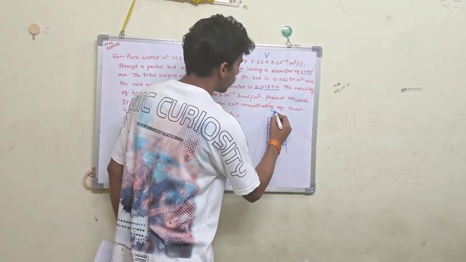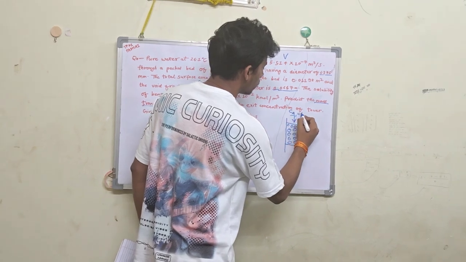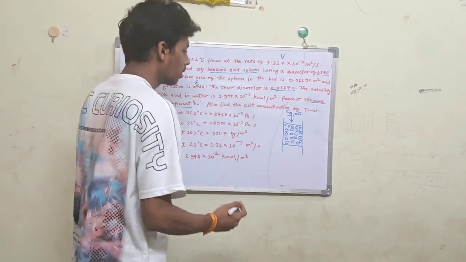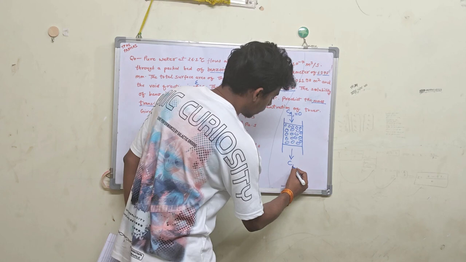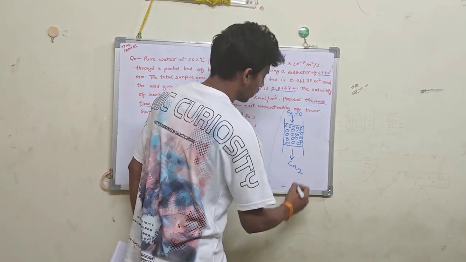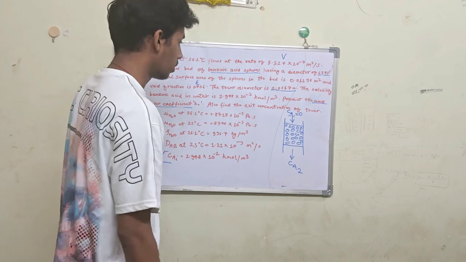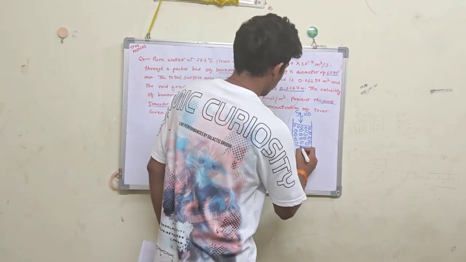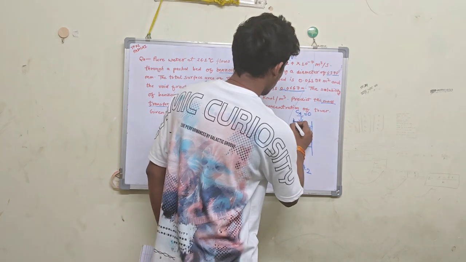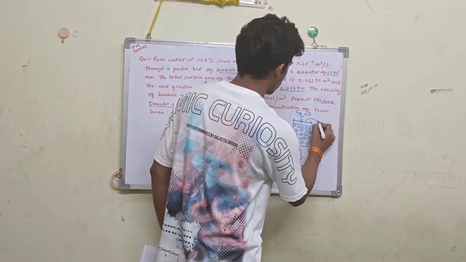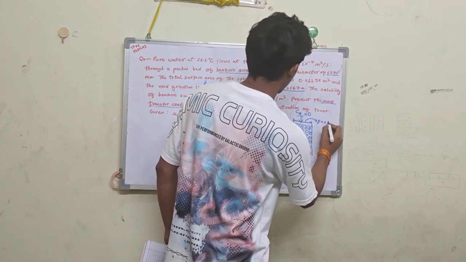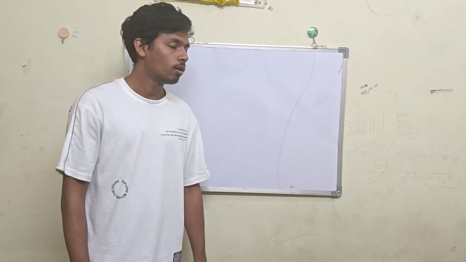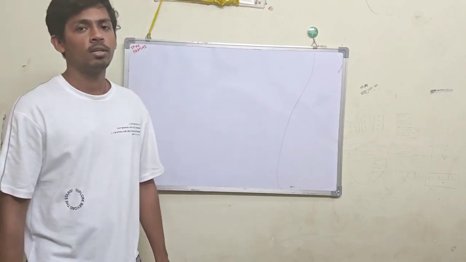The concentration of benzoic acid in the water will be 0 initially, and the concentration at the exit of the tower, Ca2, we have to find later in this question. The diameter of the bed is given. Now we will see the solution of this question.